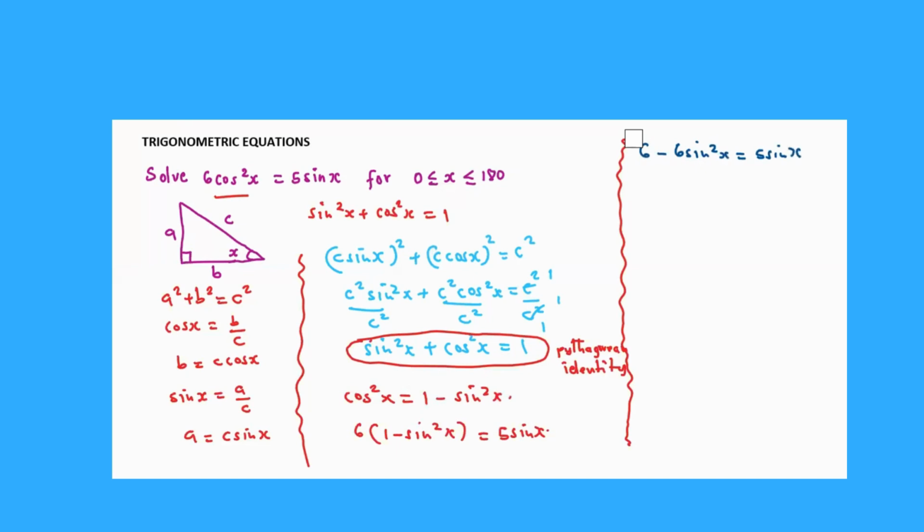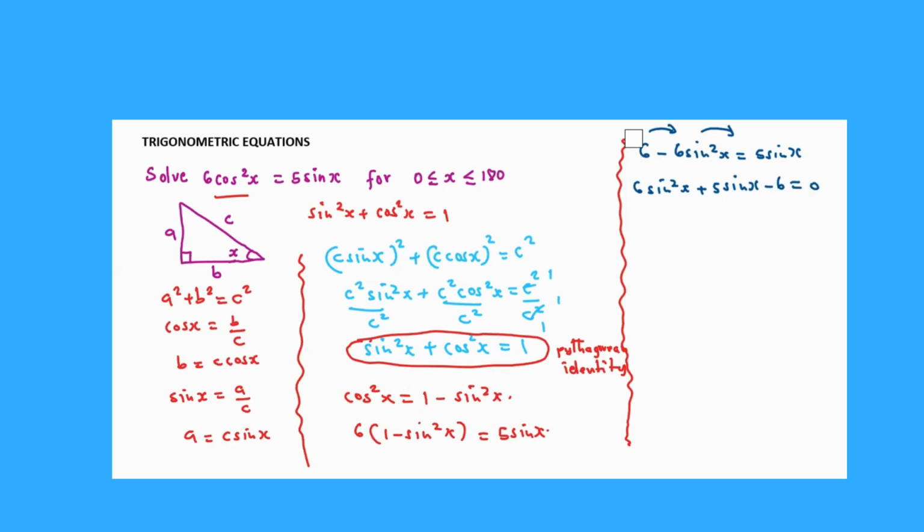Then we can take this to the other side and this one also to the other side, so we have 6 sine squared x plus 5 sine x minus 6 is equals to 0.